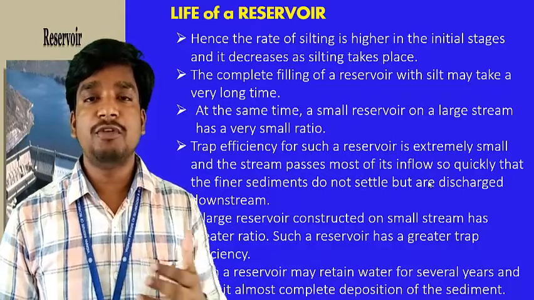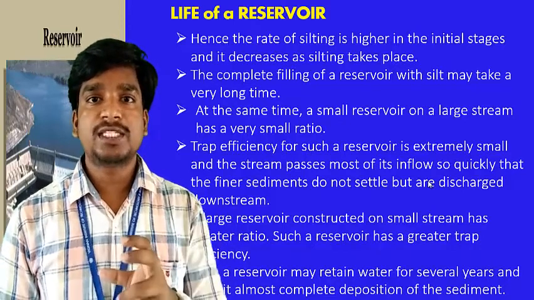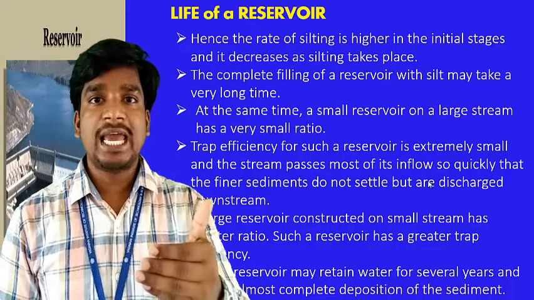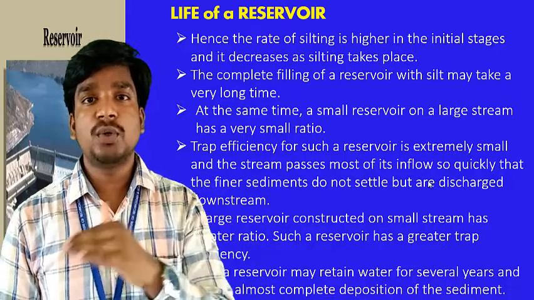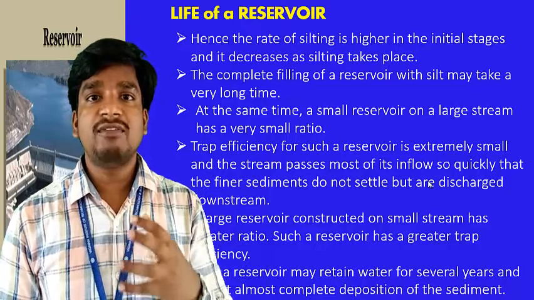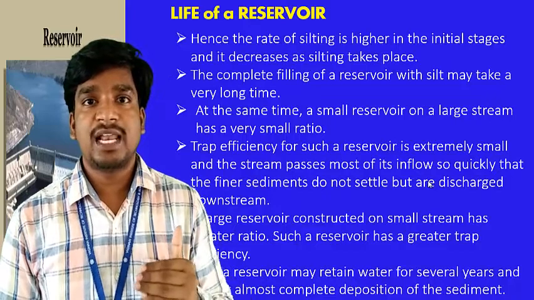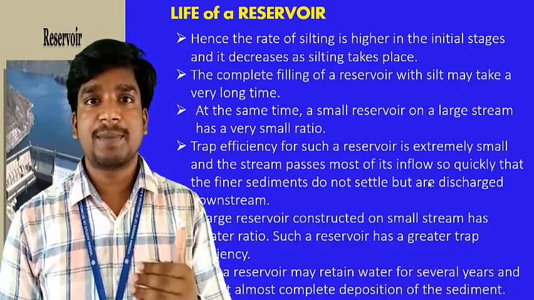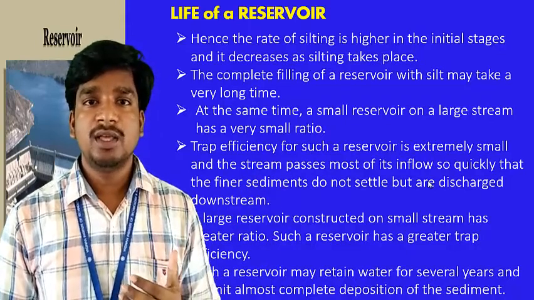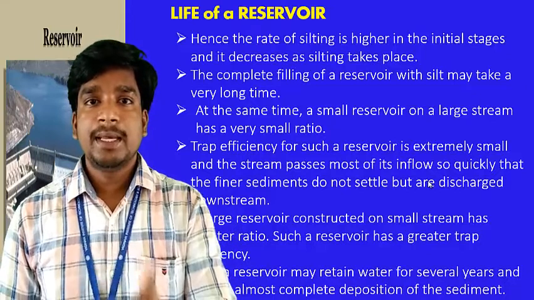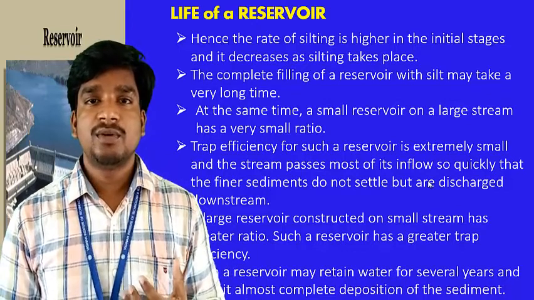Why is the ratio decreasing? Because of the lack of sufficient capacity, the reservoir allows the incoming water to pass to the downstream side. We are not giving enough time for sedimentation to settle. Whatever sediment is transported along with the inflow will be sent downstream.